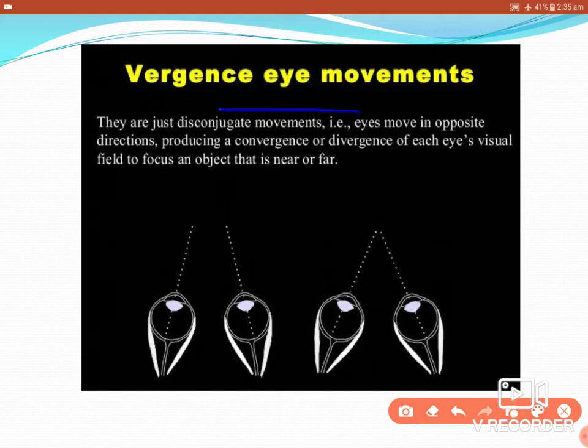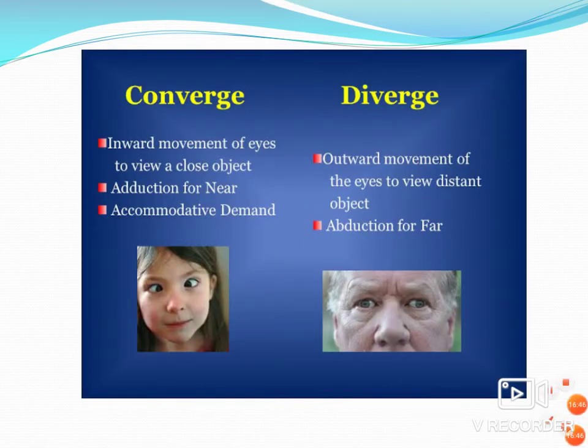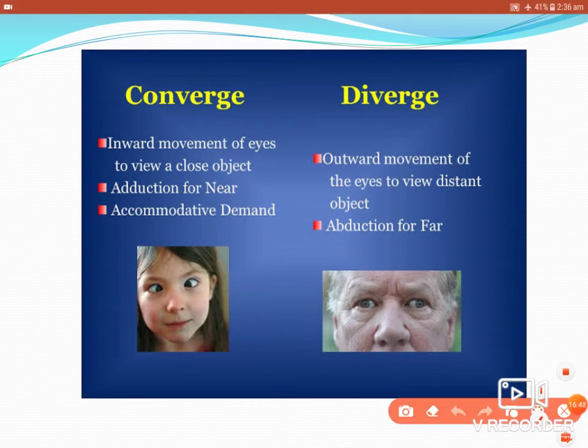So in convergence, both the eyeballs move medially, and in divergence, both the eyeballs move laterally. Here you can see the first figure, that is the convergence. Both eyeballs move medially here. In divergence, the eyeballs move laterally.